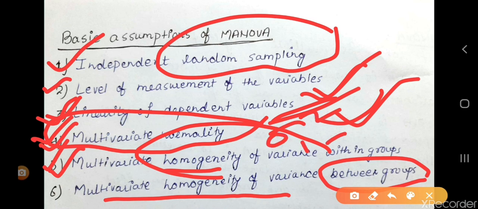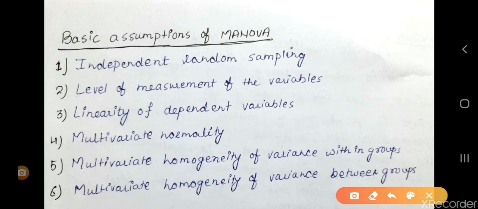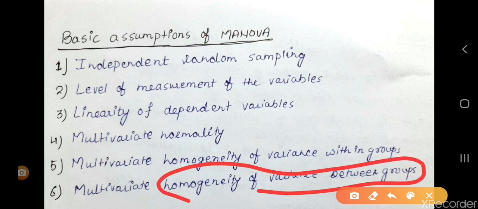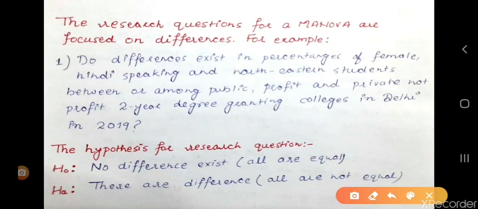Suppose sigma 1, sigma 2 and sigma 3 are variances. So the variance within the group is equal and the variance between the groups is also equal. This is called homogeneity of variance. Clear? Next we will see an example.